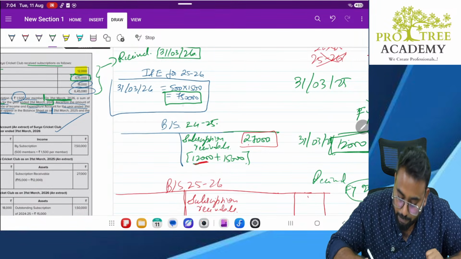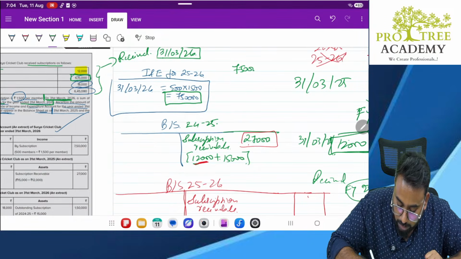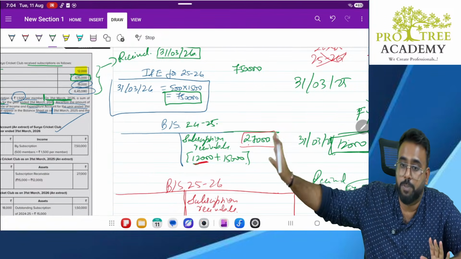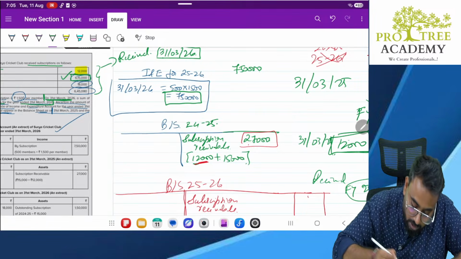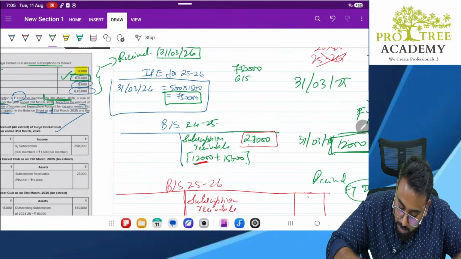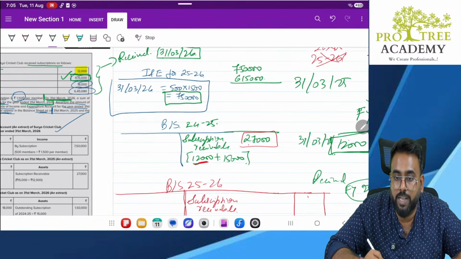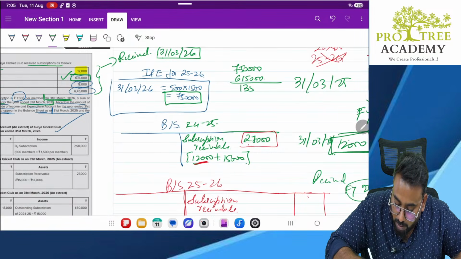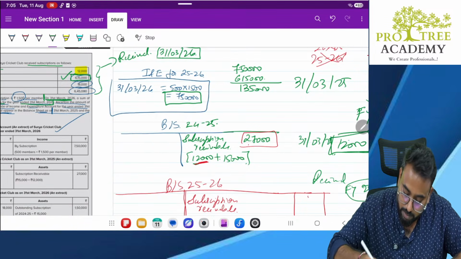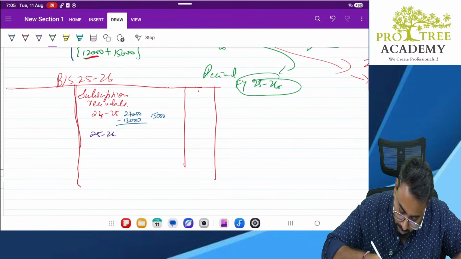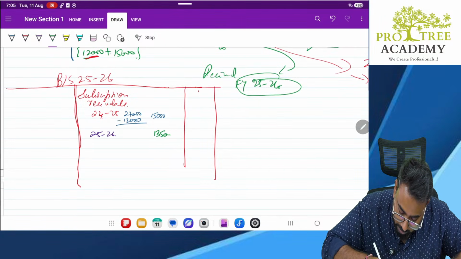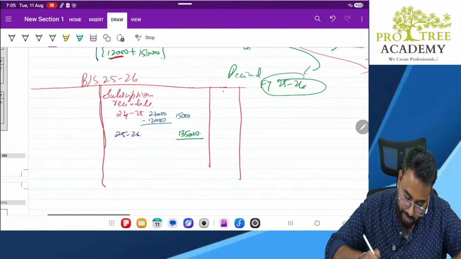So how much is the income? 7 lakh 50,000. This should be our subscription money that has to be received. But out of which, how much is actually received? Only 6 lakh 15,000. So what is remaining? 1,35,000 still receivable. So for 25-26, 1,35,000. Okay.